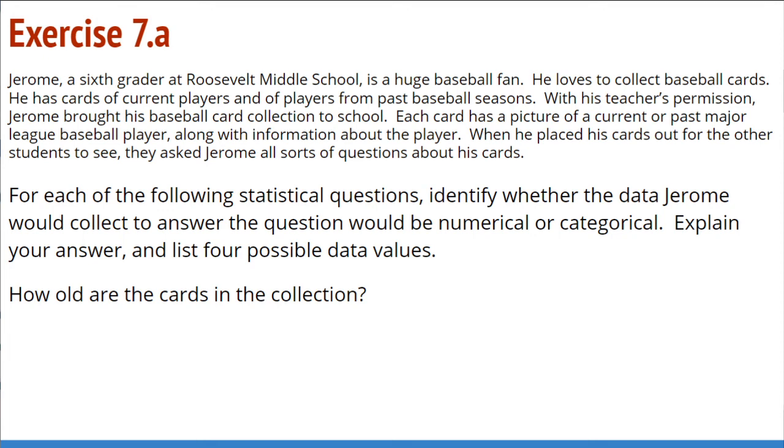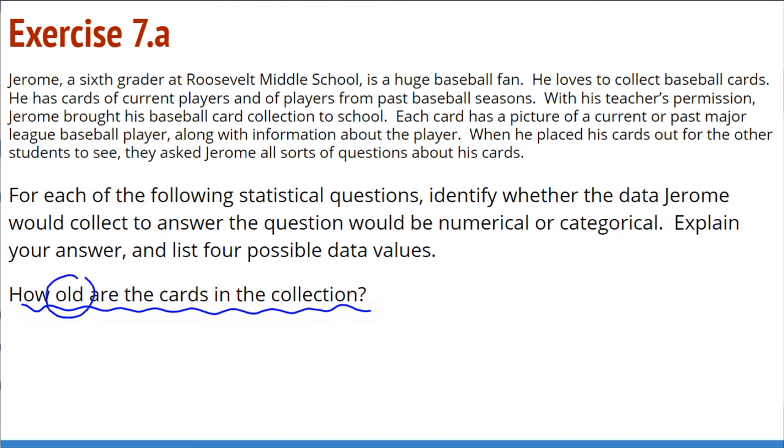All right, so we're back to Jerome again. For each of the following statistical questions, identify whether the data Jerome would collect to answer the question would be numerical or categorical. Explain your answer and list 4 possible data values. So if Jerome asks the question, how old are the cards in the collection, is that a categorical question or is that a numerical question?